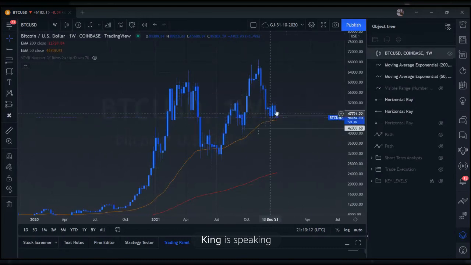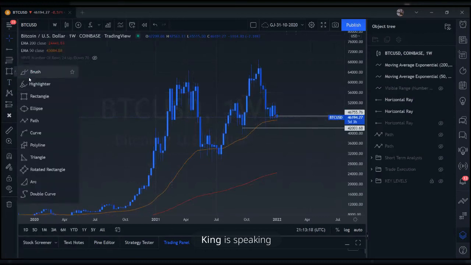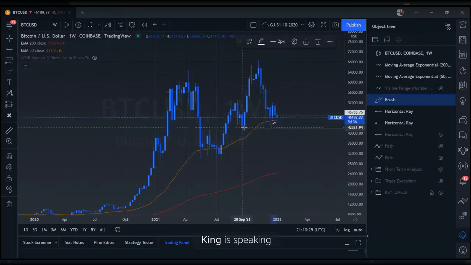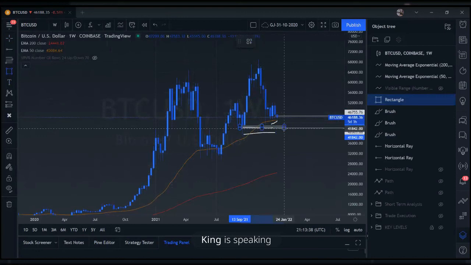If price breaks the 50 EMA and retests it on the downside, and I would say breaks these lows, either this low around 42k or this low around 40k, it might actually be more of a range. Like I said, with support and resistance, it's a range of prices.